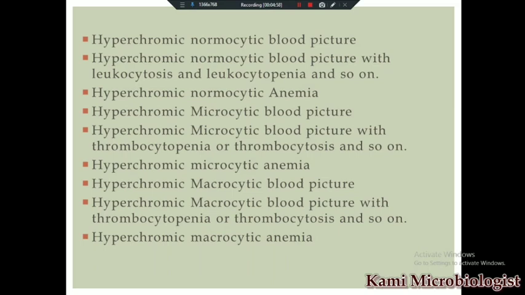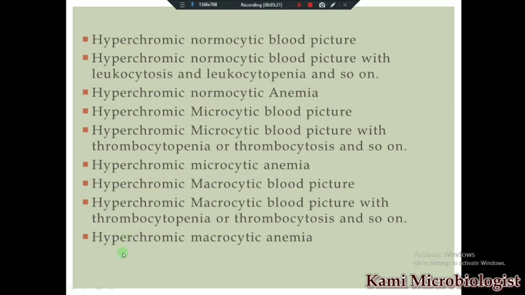When you see in the microscopic field that the RBC are larger, and you will see a large pale center area, we call that hyperchromic macrocytic blood picture with thrombocytosis or thrombocytopenia, leukocytosis or leukocytopenia.